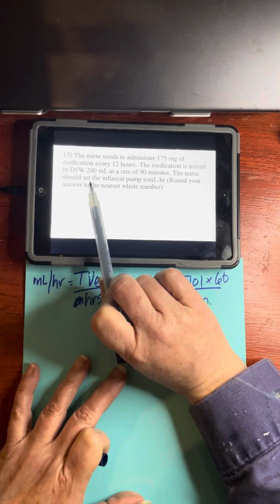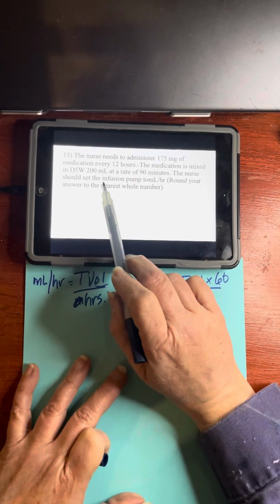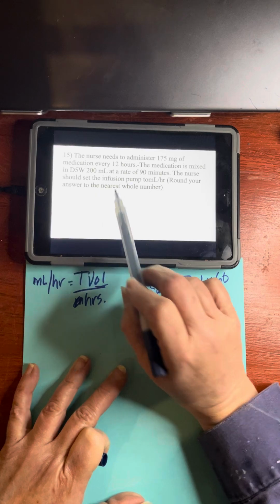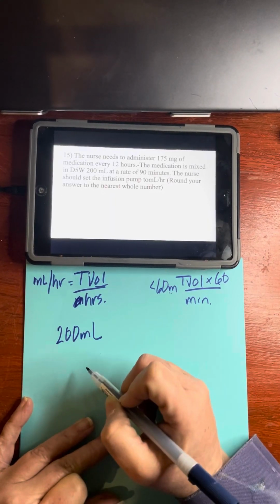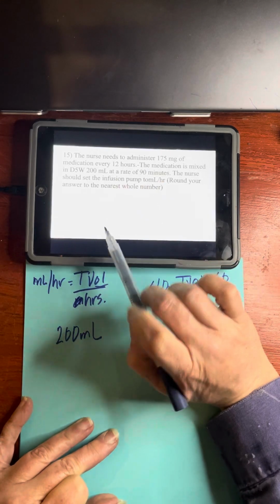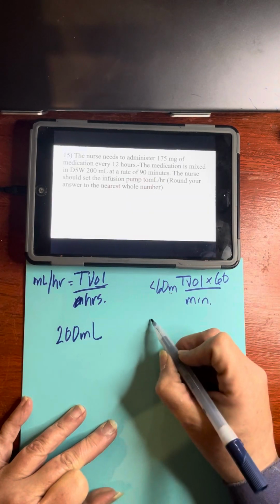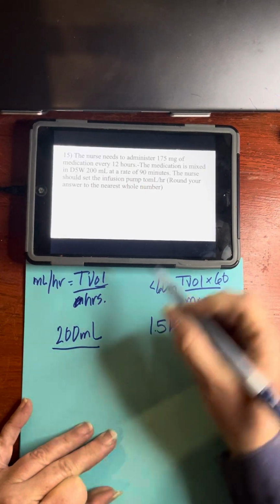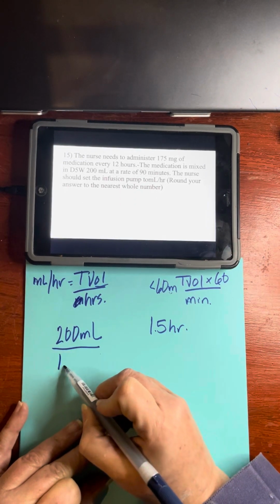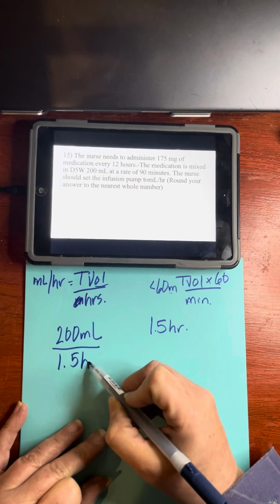Hold on. The total volume for this medication is 200 milliliters. And they want it to go in over 90 minutes. Now, 90 minutes is 1.5 of an hour. So I know there's people on here that's just going to relish in the fact that I did it like that.